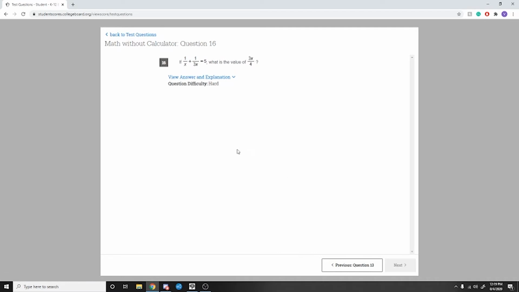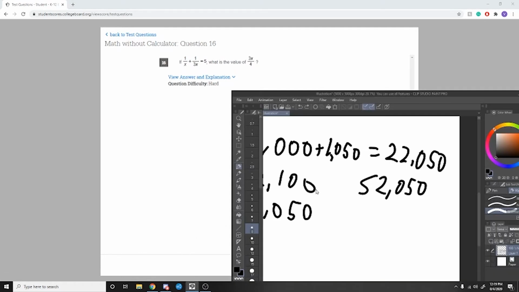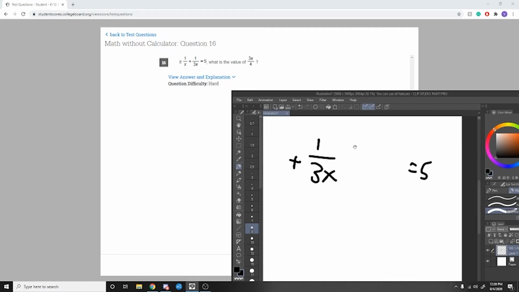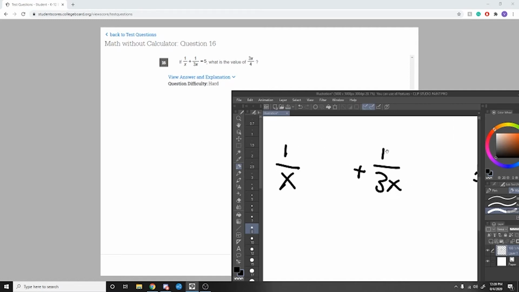Next question. Okay, this one you need to know how to make the common denominator. Let me just write this out. I'm going to leave some space for math. x equals 5. To create a common denominator, you have to multiply by the opposite denominator.